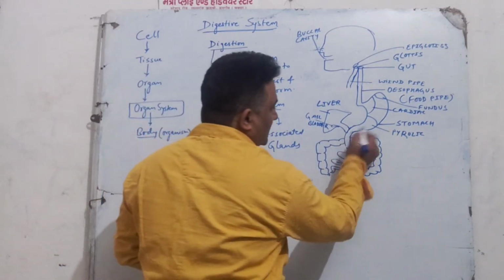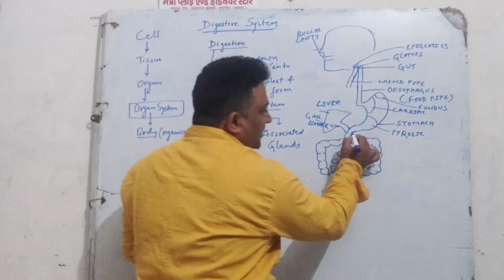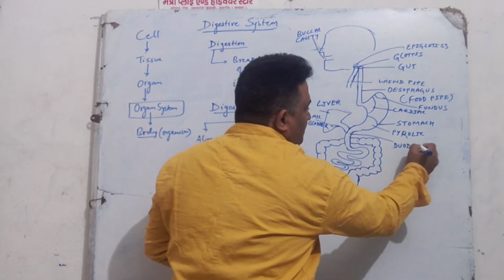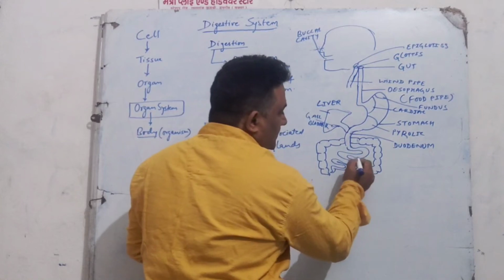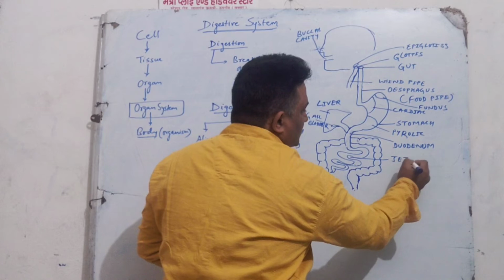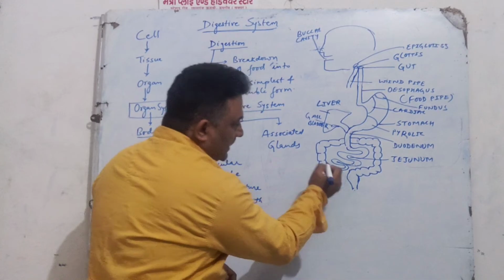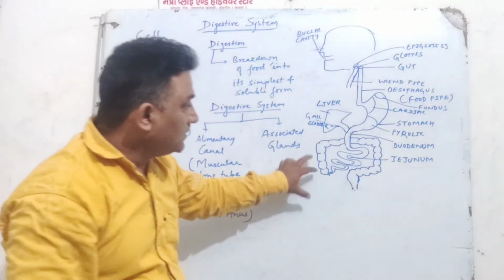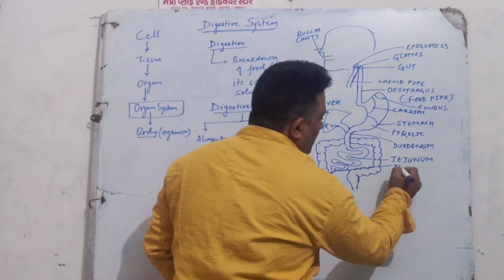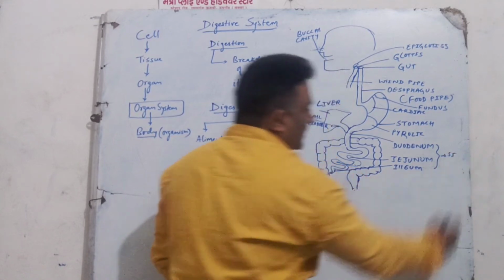Okay, this is the small intestine, this is the large intestine. But this portion of the small intestine is called duodenum. This portion, the highly curved structure, is called jejunum. And this last portion, which is getting attached to the large intestine, is called the ileum.